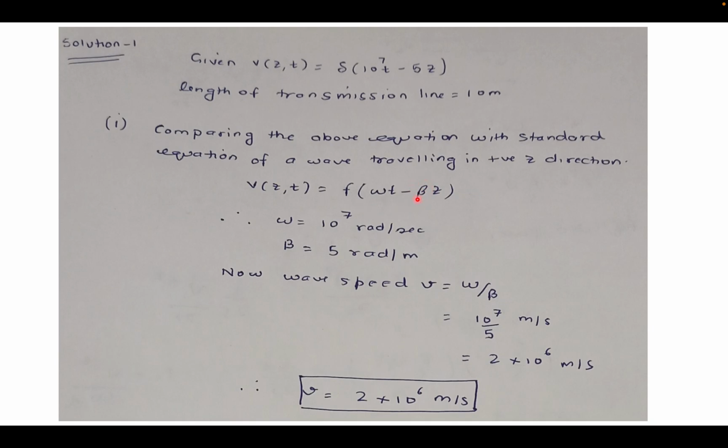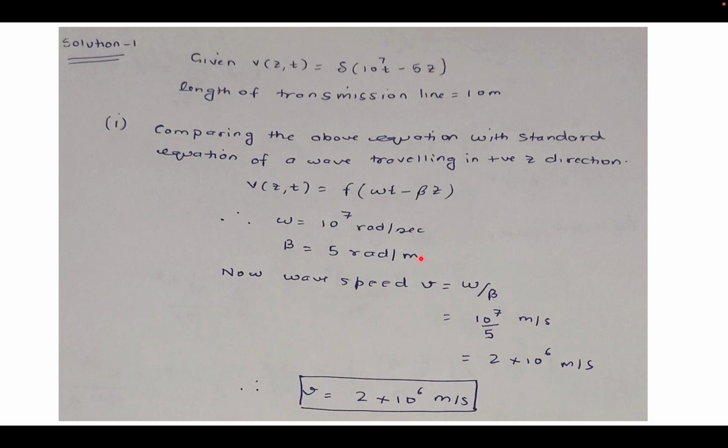Now if you compare this with the given expression, you can see it's some function. If you compare omega t minus beta z with this expression, you can clearly see that omega is 10 to the power 7 radian per second, and beta is 5 radian per meter, that is the unit of beta.